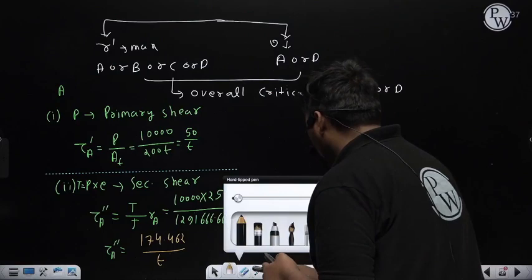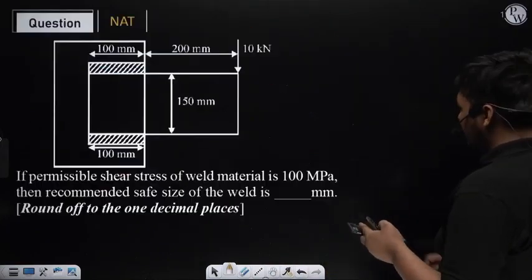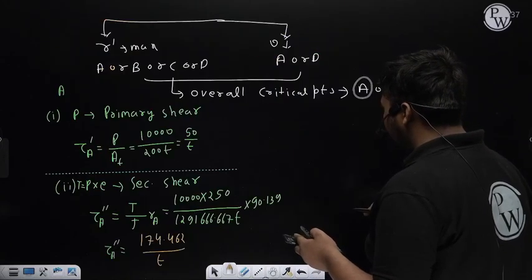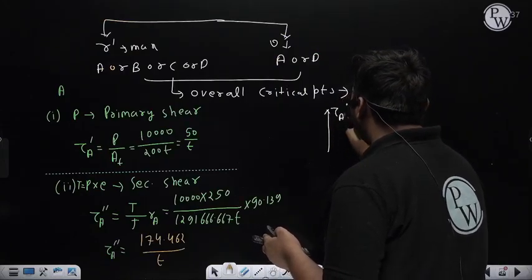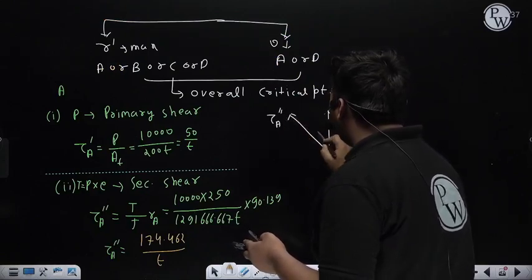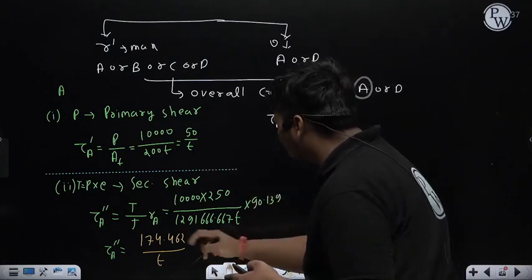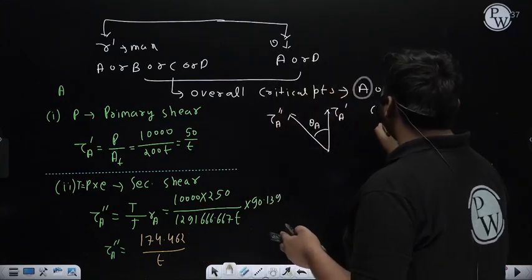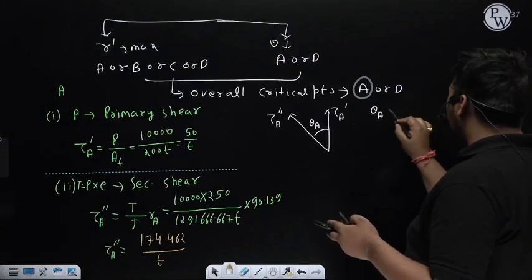So for that, first we draw primary shear stress and secondary shear stress at point A. It is the direction of primary shear stress tau A dash. It is the direction of secondary shear stress tau A double dash. We have already drawn, and the vector angle between them is theta A. Now tau A dash value is this, tau A double dash value is this, and vector angle theta A is 56.31.